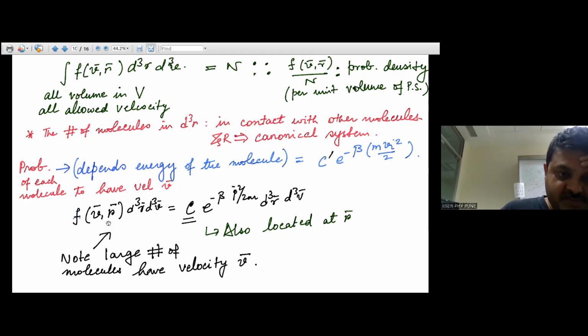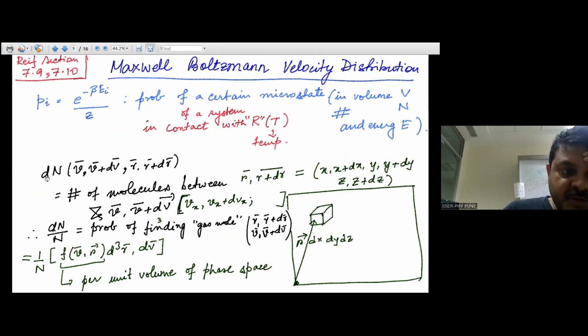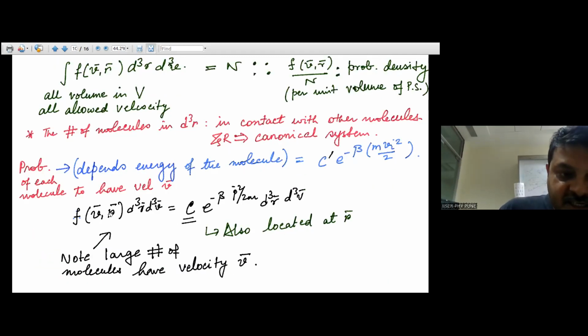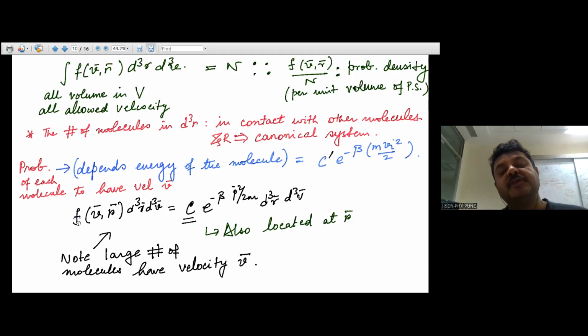The value of dn here would be more, and this is per unit volume of phase space. So if d3r is more or d3v is more, the number of particles moving at r and r plus dr and v plus dv will be more.